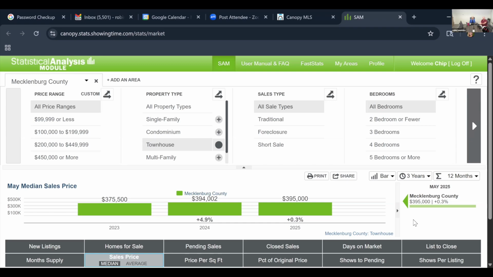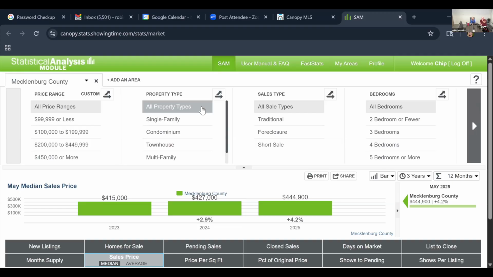So for example, let's look at this one. This is the Townhome. Okay, so if we could, let's go to all property types for a moment on this tab. Perfect, thank you. Here's what we got pulled up, guys. We have all property types, which will include land and lots as well. No commercial, just residential.